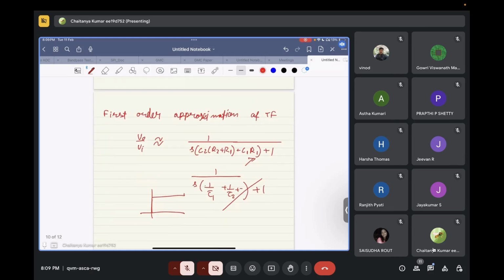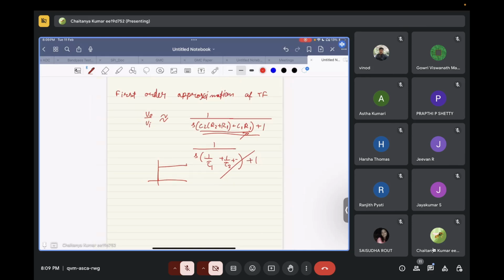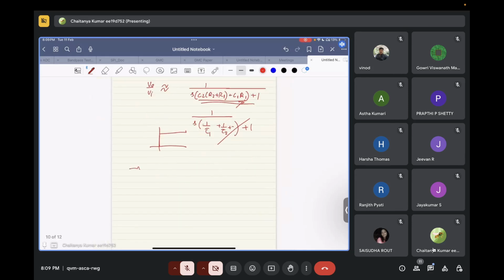Now, if this approximation suffices, you can quickly write it instead of going through all the hassle that we went through. I will show you how. You basically have this circuit, right?